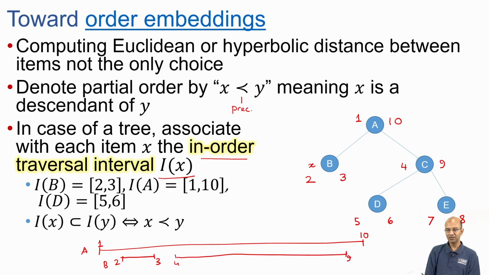Okay. You see what is going on. To test if x is a descendant of y, all we need to do is to test whether the I of x is contained in the I of y. If the interval containment holds, then the ancestor-descendant property also holds. This is also a kind of embedding. It does not involve distances. It only involves comparing the endpoints and testing for interval containment.